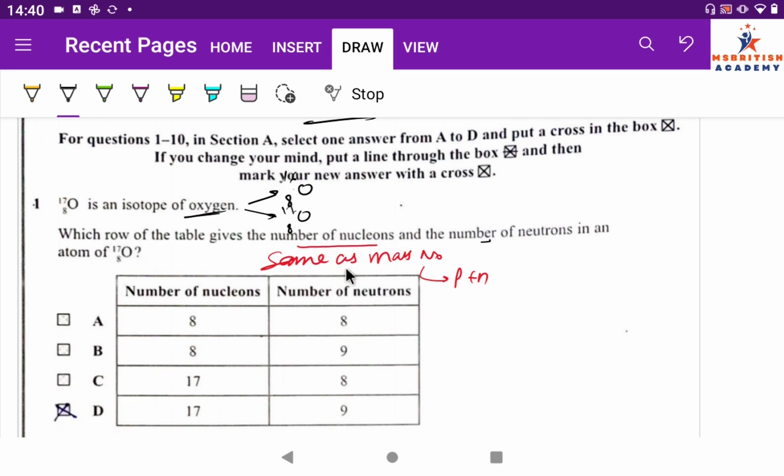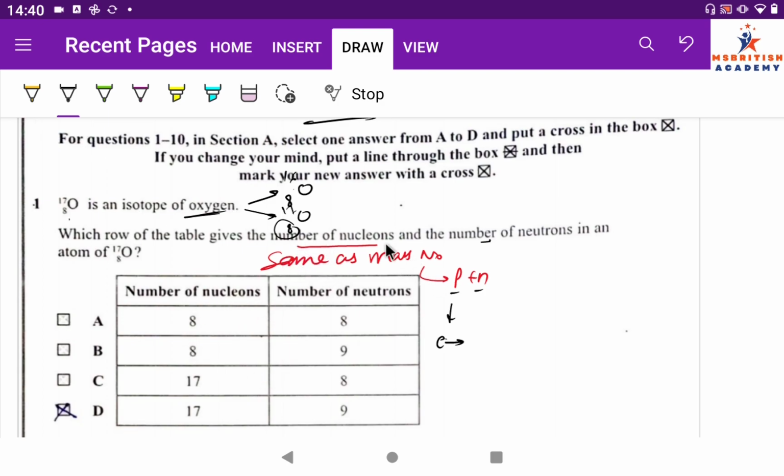So what is the number of nucleons? The number of nucleons is the same as the mass number, and as we know, the mass number is protons plus neutrons, and the number of protons is equal to the number of electrons. This electron number is the same as the atomic number. So here the 8 represents the atomic number, or you can say the number of protons or electrons.